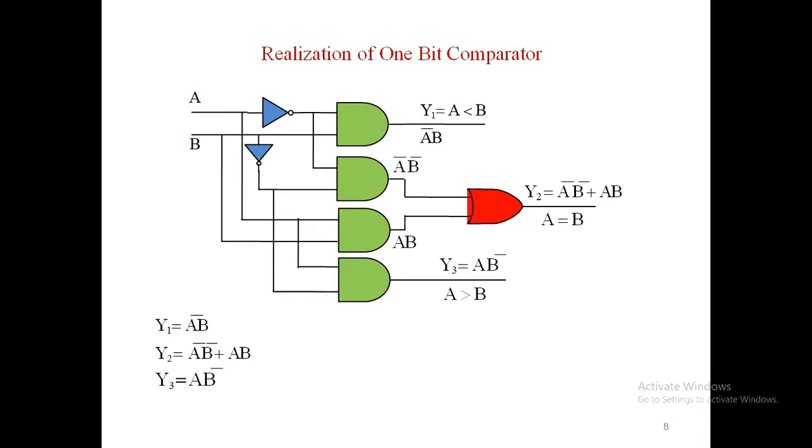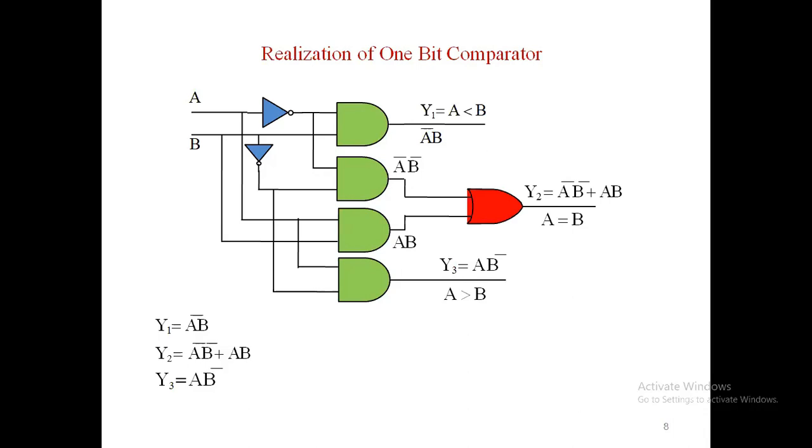So y2 is also 0. And next here we have to pass the A value, that is 1, and the B value here is 0, but here it is complemented, that is 1. 1 into 1 is 1. So here the output value is 1.